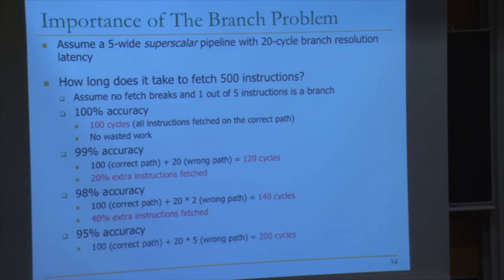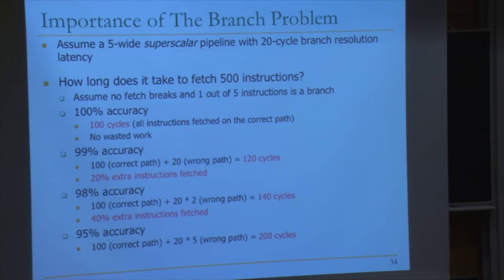95% accuracy. Now you get to 200 cycles. Right? Basically, 100 cycles to fetch correct path instructions. And you actually mispredict 5 of these branches. Instead of mispredicting 1 of those branches, we've actually mispredicted 5 of those branches. 5 times you're paying the branch misprediction penalty of 20 cycles.